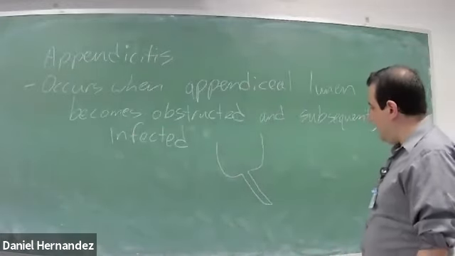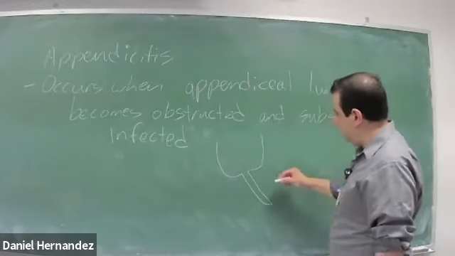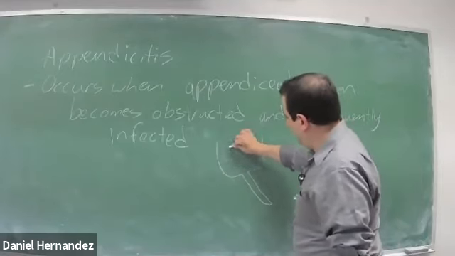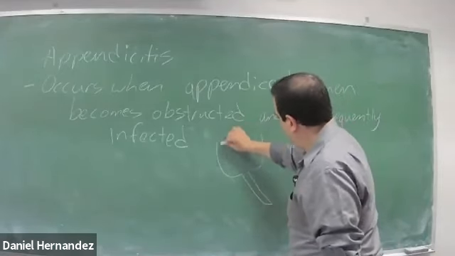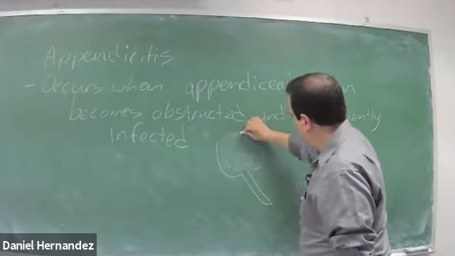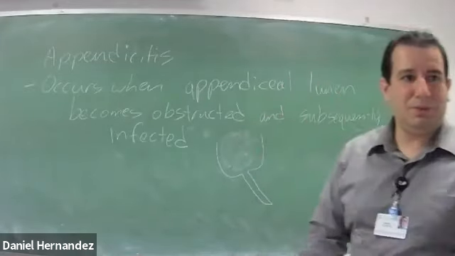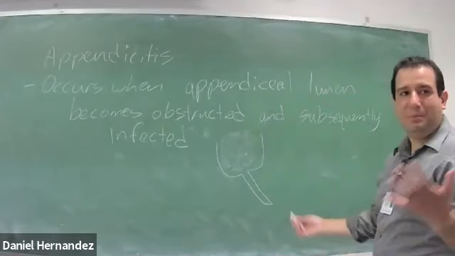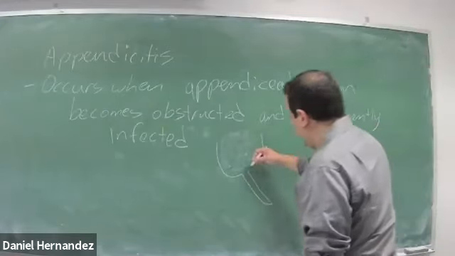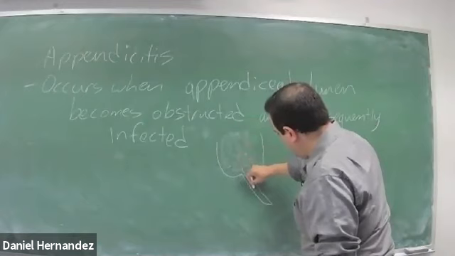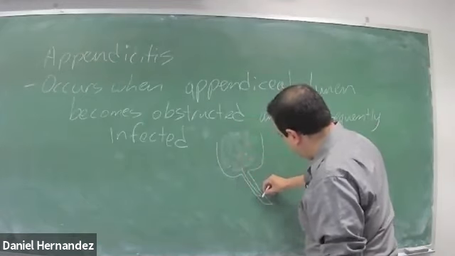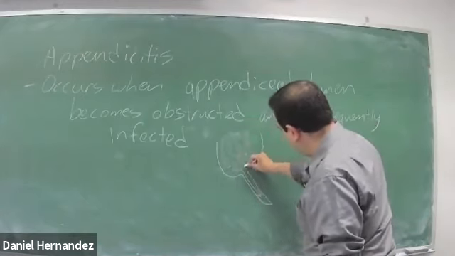If this is our appendix hanging off the base of our cecum, the cecum is where the stool is formed. So essentially it's poop. What goes into the appendix must also come out of the appendix.